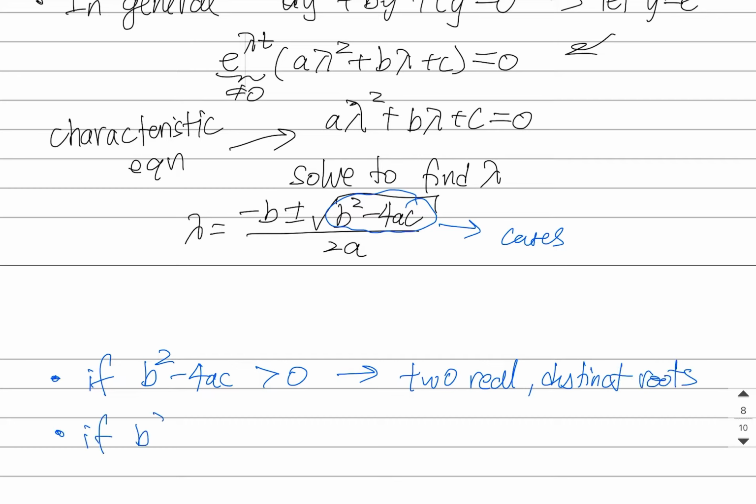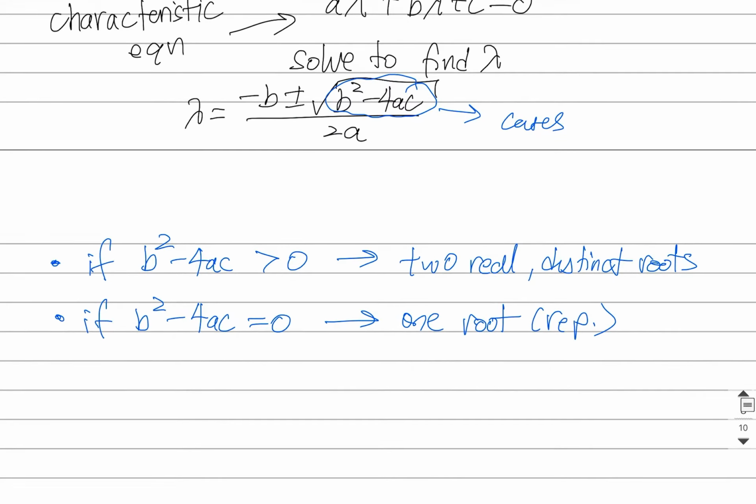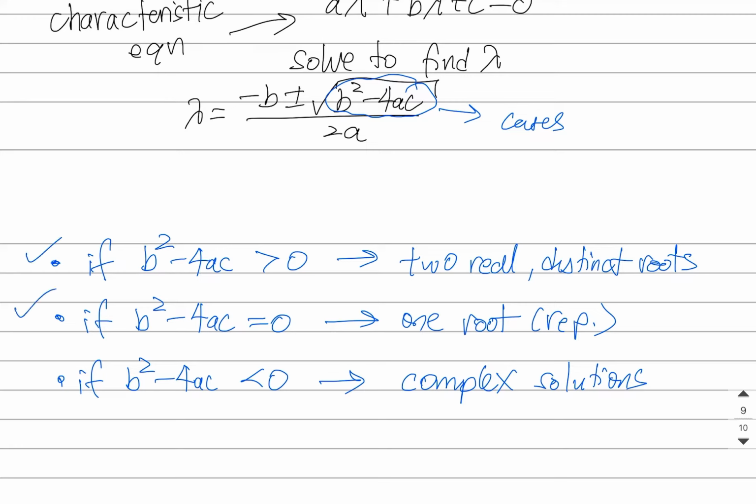If the discriminant b² - 4ac is 0, you only get one solution to this problem, but it's repeated. And if b² - 4ac is negative, then you'll get what are called complex solutions. Now, complex solutions will be discussed in another video, but for now we'll talk about these two cases.